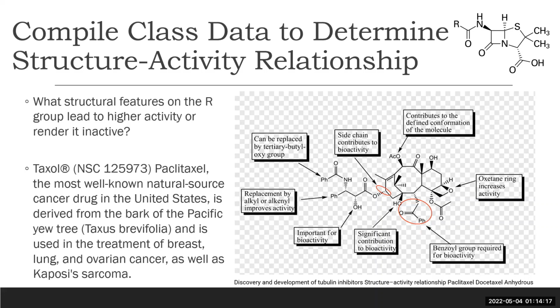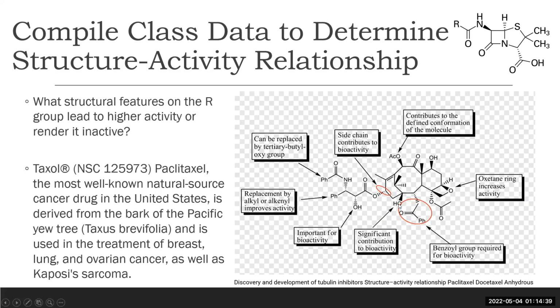And it has certain parts that are significant for activity. For example, they noted that this benzoyl group is required for bioactivity. By replacing it with other groups that are not structurally similar, they noticed a decrease in activity.